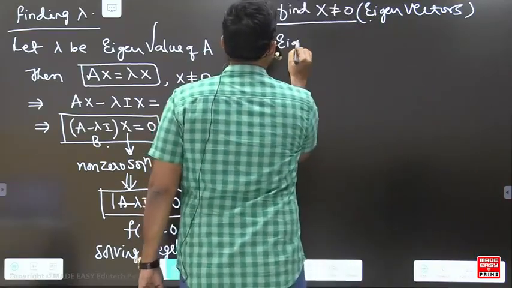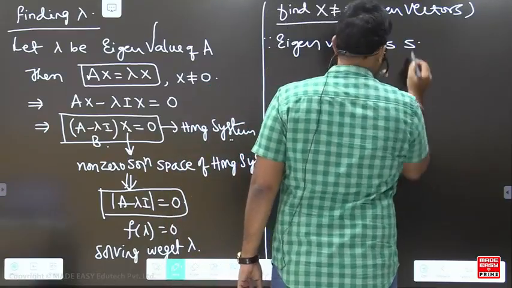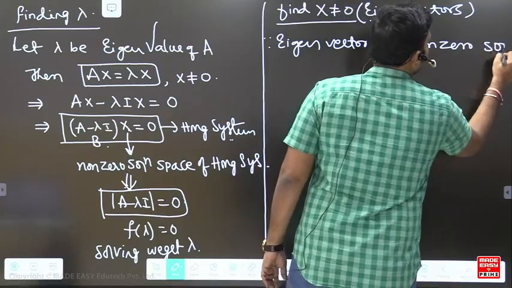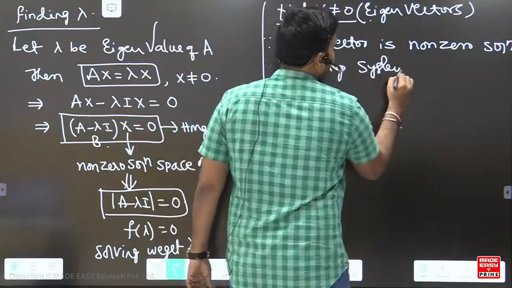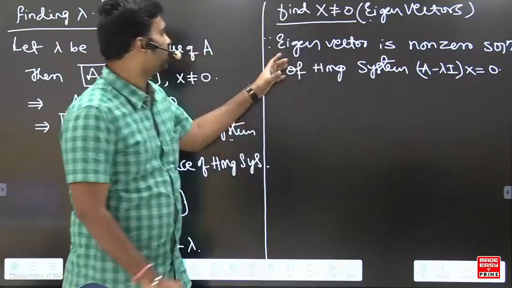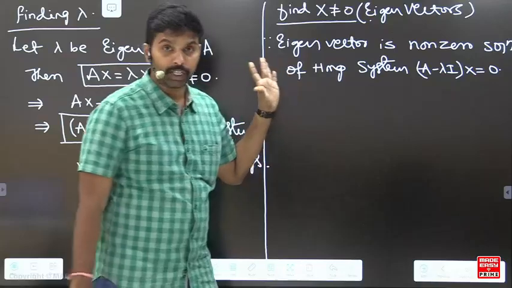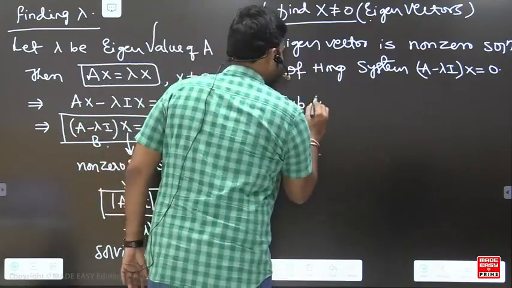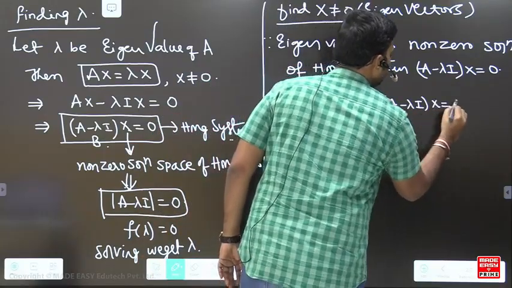Since eigenvector is the non-zero solution of the homogeneous system A minus lambda I into x is equal to 0, eigenvector is a non-zero solution to this homogeneous system. I hope you understand. Then substitute this lambda into A minus lambda I into x is equal to 0.